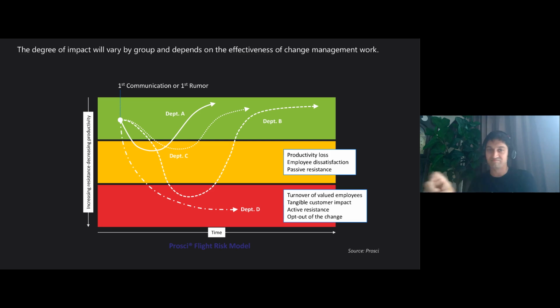Which is something you want to absolutely avoid: turnover, a tangible impact to your end customers, active resistance. People actively push back on the change. They voice their discontent. They refuse to use the new system or platform and actively opt out of the change. So this is why it is so crucial to have a robust change and comms plan.